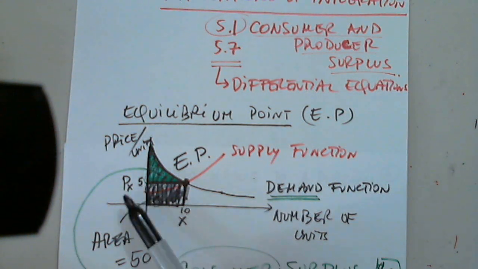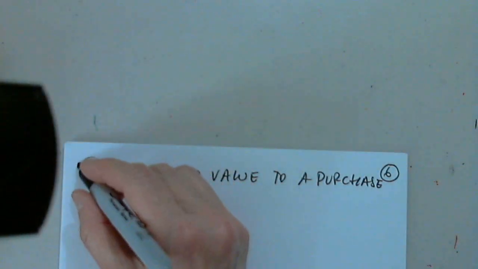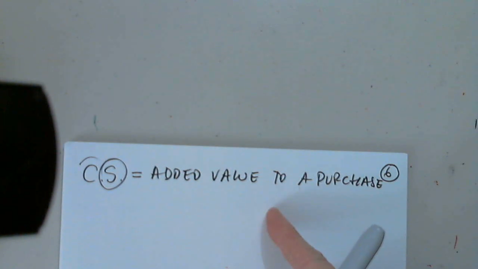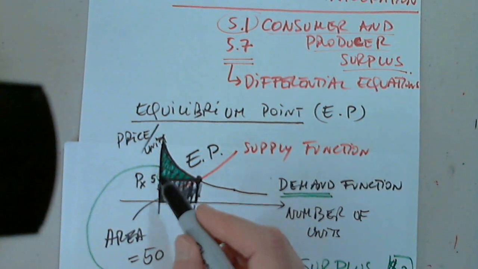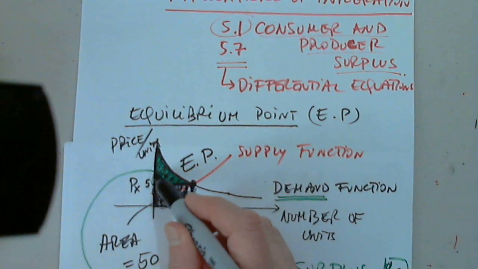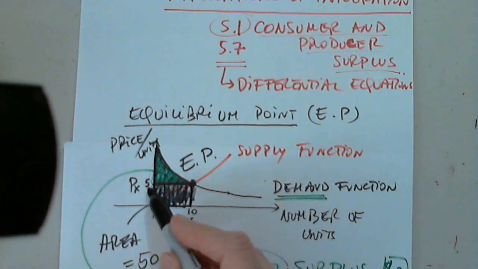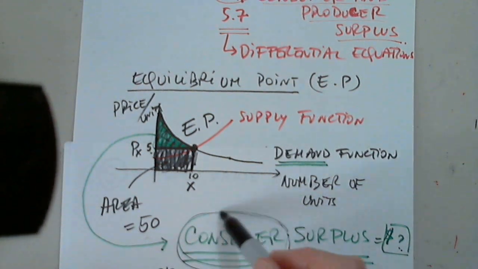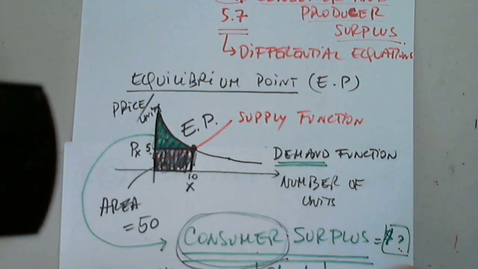So what is the extra? The surplus that we are getting, it's an added value to a purchase. We're paying $5 per unit, but we should probably pay a little bit more than $5. It's worth more than $5, but we're happy that we pay $5. That's the idea of the consumer surplus, an added value to our purchase.